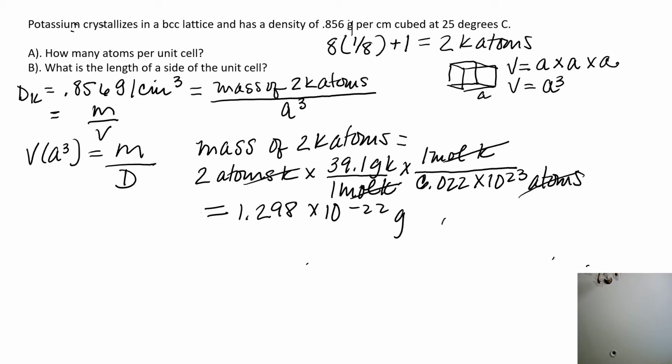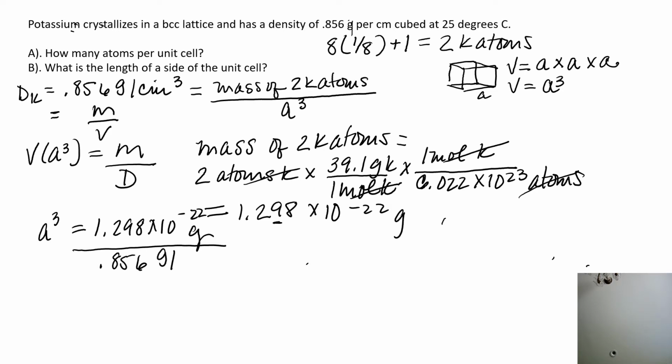So we have that, we have our density, so we can solve for A cubed. We take our mass, 1.298 times 10 to the negative 22 grams, and divide that by our density of 0.856 grams per centimeter cubed.